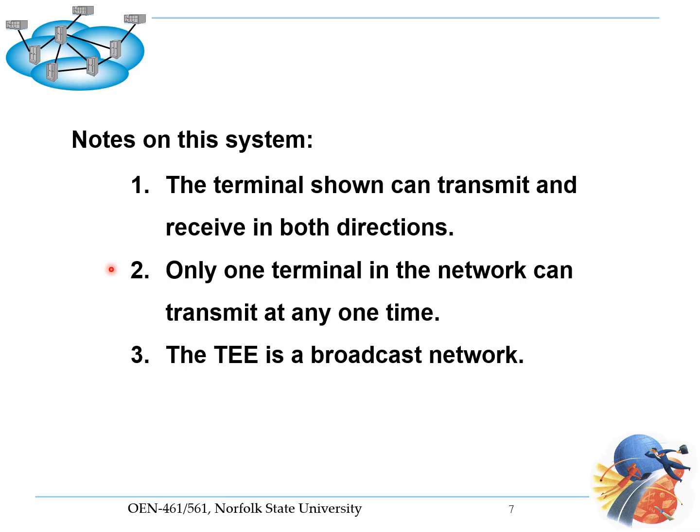So not to mix signals, we have to transmit only one signal at a time. This type of network, where a signal sent from any terminal can reach and will reach all other terminals, is called a broadcast network. So the T topology is an example of a broadcast network.